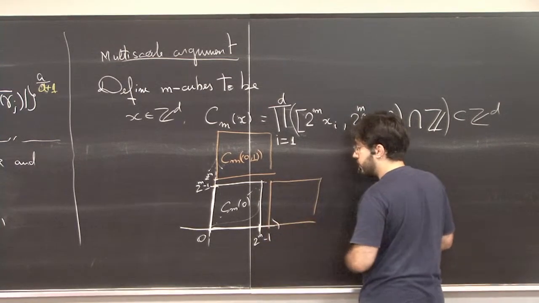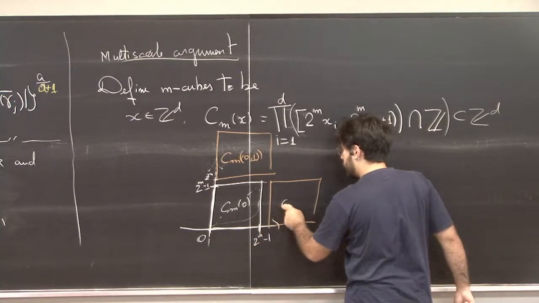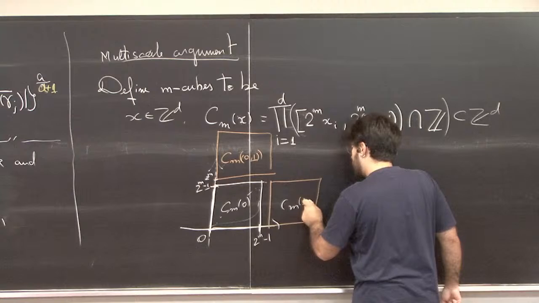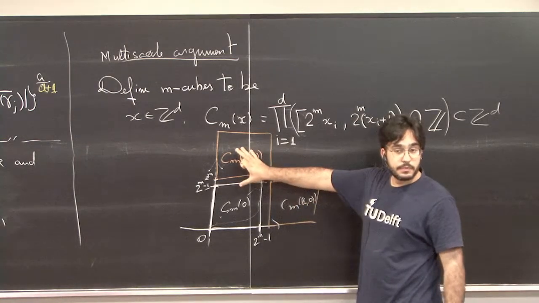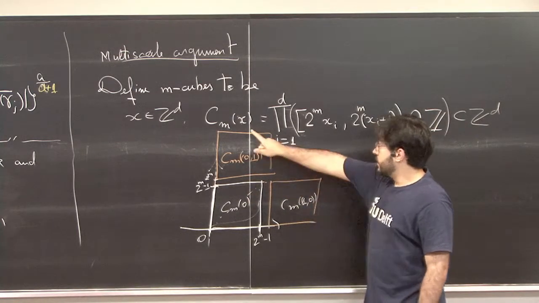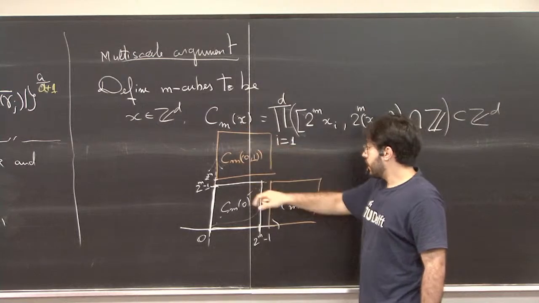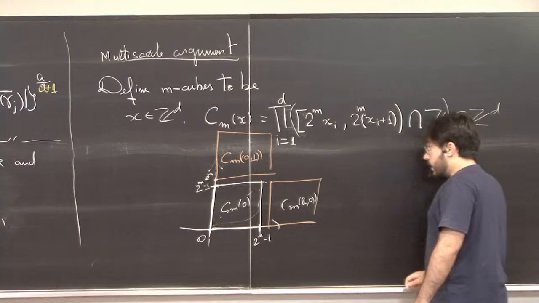Remember, since we are in Z^d, there is no point between these two. So these cubes cover all of Z^d by translating x.